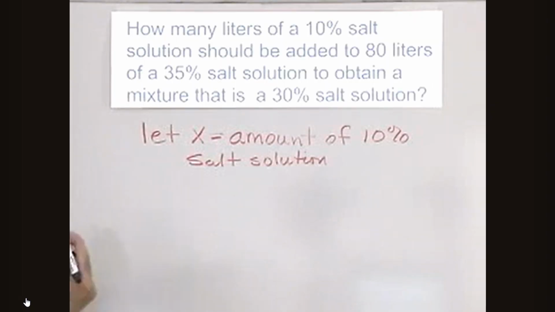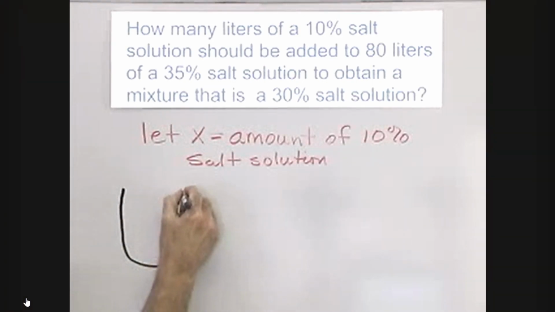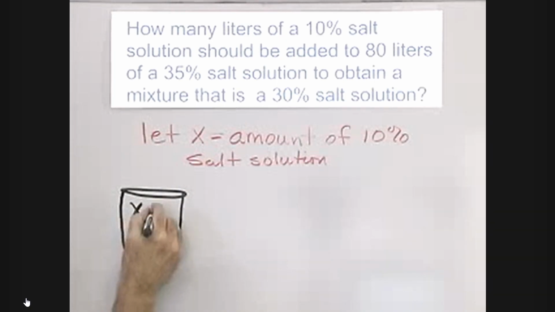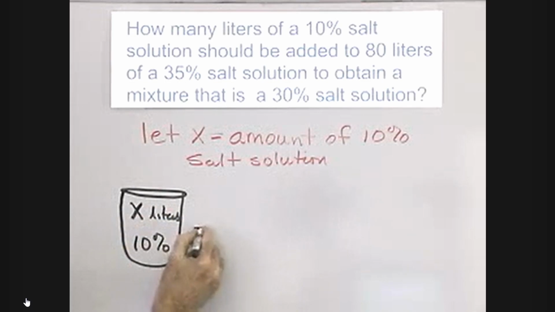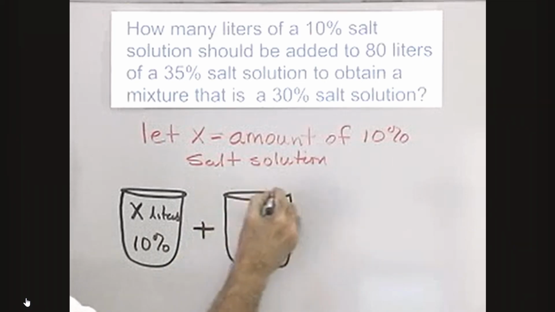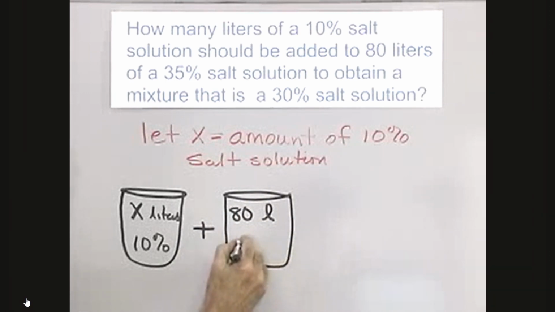So let's draw a little diagram right here. I'm going to draw a little beaker here, and I'm going to say that this is x liters of 10% salt solution. And I want to add that to 80 liters that is 35% solution.